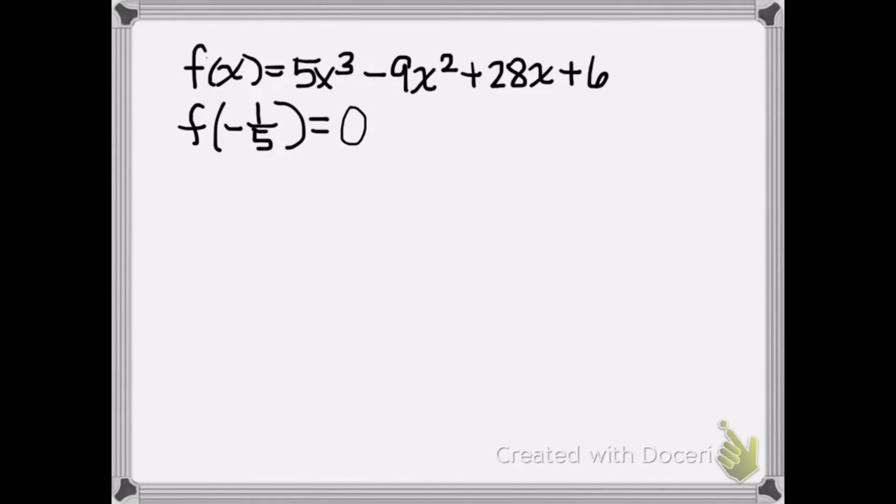Now that means that we know that x plus 1/5 is a factor of this polynomial. And that fact, that negative 1/5 means x plus 1/5 is a factor, let's just comment on that.